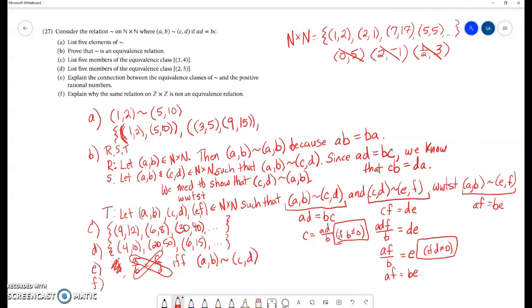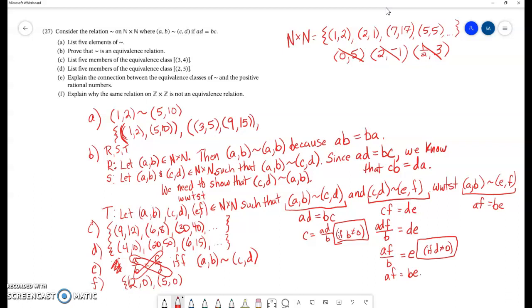So let's say a is 2 and b is 0. And then we might have something like, I don't know, let's take 5 and 0, for example.